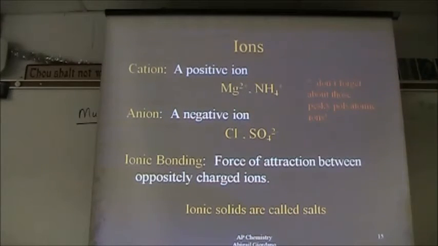Middle column, carbonate, chromate, dichromate, sulfite and sulfate. Third column, phosphite, phosphate, and ammonium. Okay, if you know those, you're good to go.